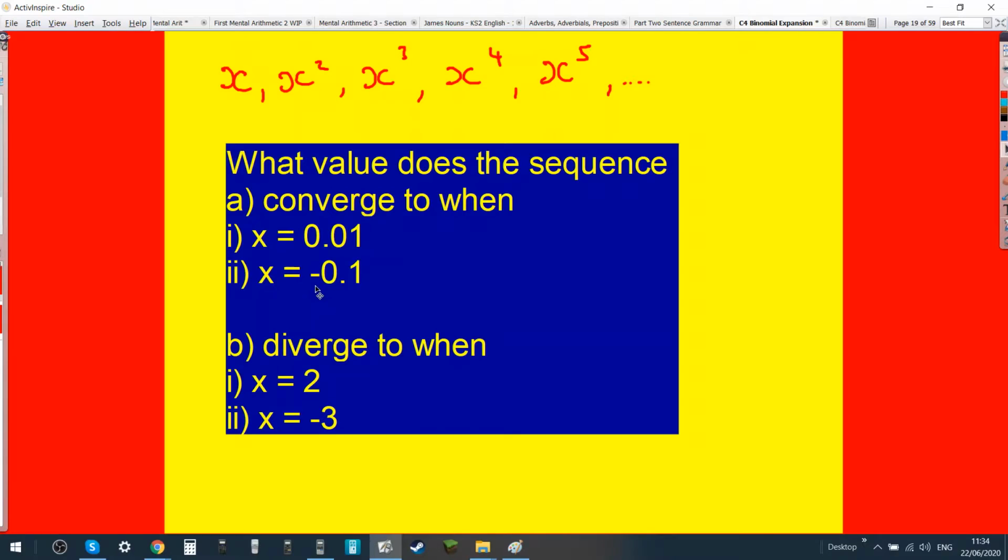How about if x was minus 0.1? If I did minus 0.1 to the power of 5, that would be minus 1 over 100,000. And if that was to the power of 100? It'd probably just be 0 again. Yeah, so for any number in between 1 and minus 1, the higher the power, the closer it gets to 0. How about if x was 2?